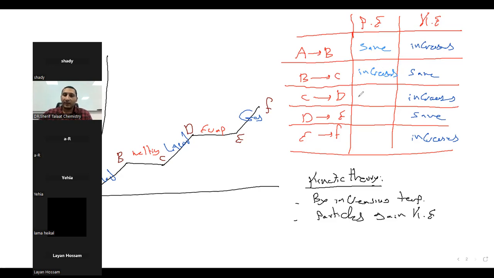C to D, temperature increases, potential same. D to E, increases. E to F, same. So we will make a conclusion for that.